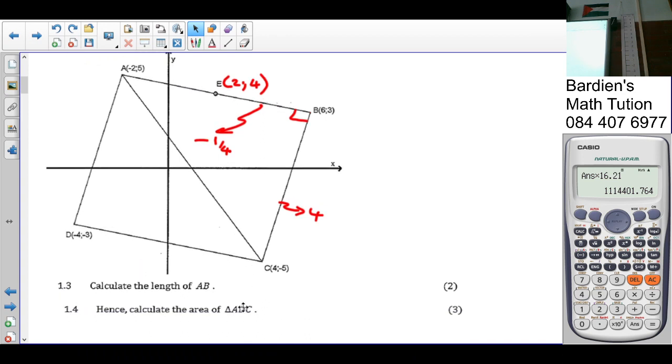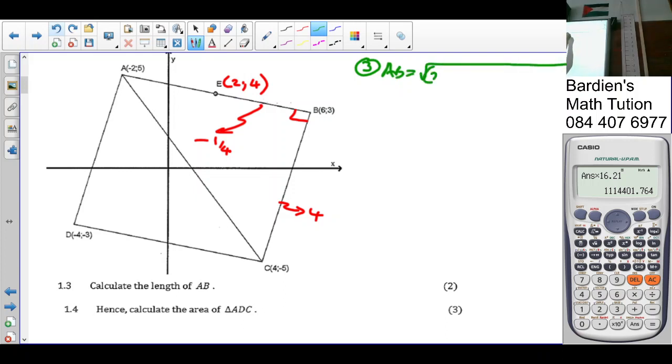Right. Now in question 1.3, the question says calculate the length of AB. So how are you going to calculate this length? Distance formula. So what's the distance formula? The square root of (x2 minus x1) squared plus (y2 minus y1) squared. Not so?